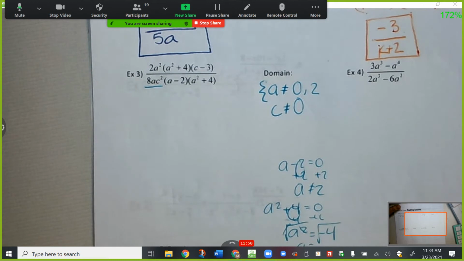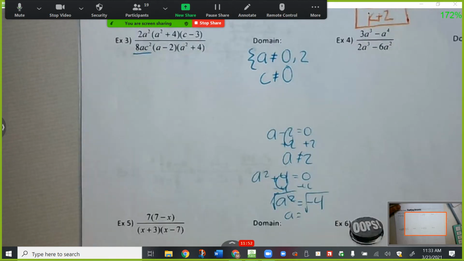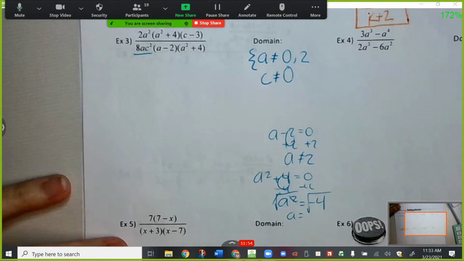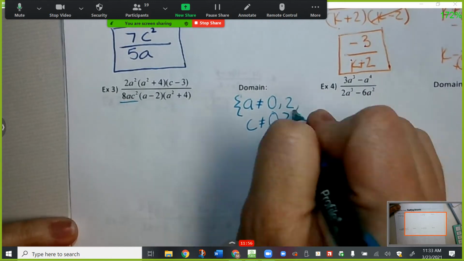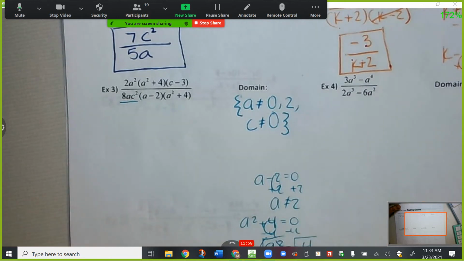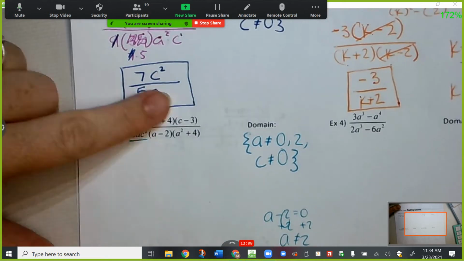Yeah, and imaginary numbers aren't real, so we don't have to worry about it. So this is your domain. A cannot be 0 and 2. C cannot equal 0. So now let's simplify. What can cancel right away?